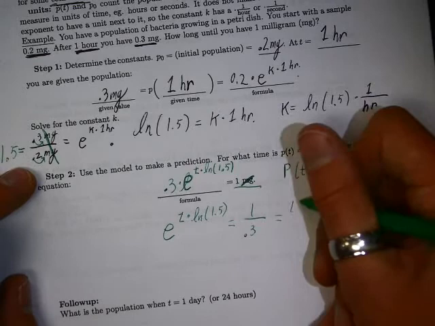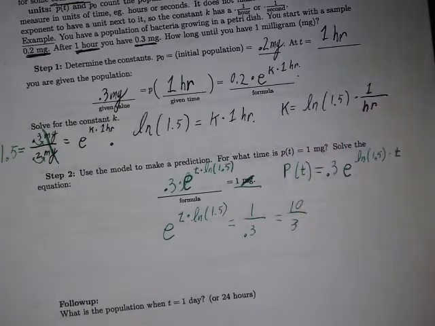And maybe I'll rewrite that as 10 over 3, just to give you a reminder of how decimals interact with fractions. You could leave it as 1 over 0.3. I would advise against replacing 1 over 0.3 by its decimal approximation right now, because then you'll lose accuracy. Okay, cool. What should you do to both sides if you want to solve that for t?